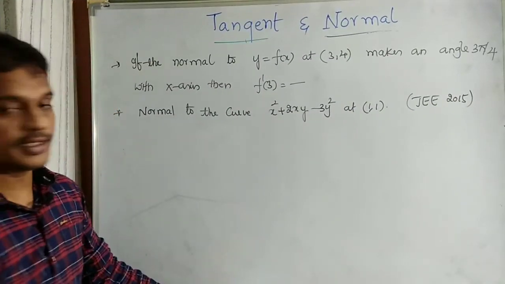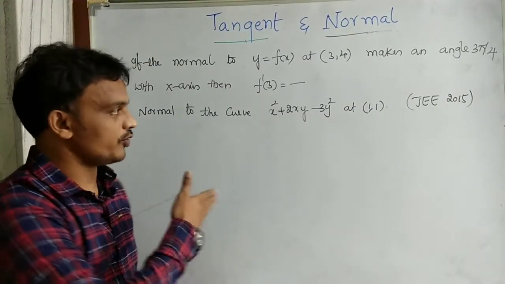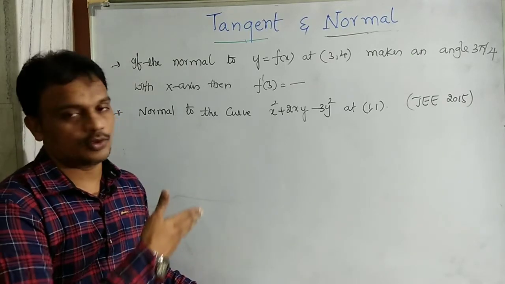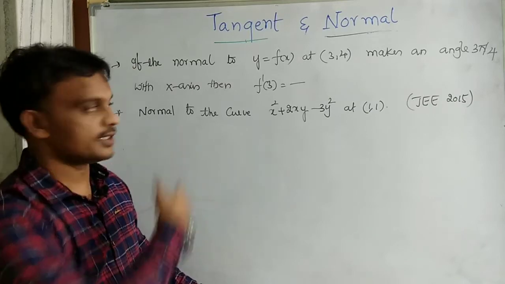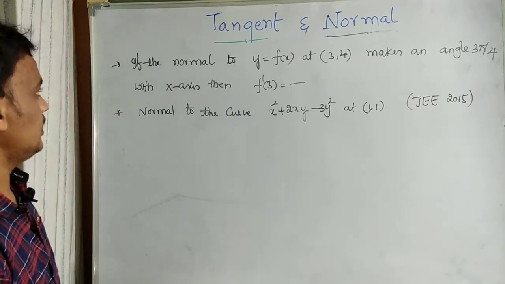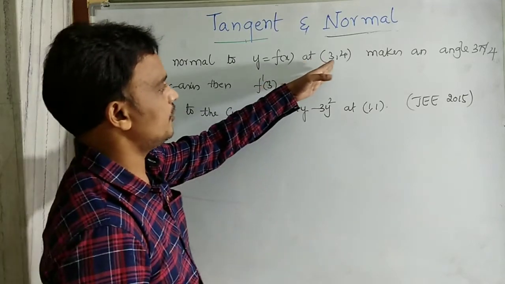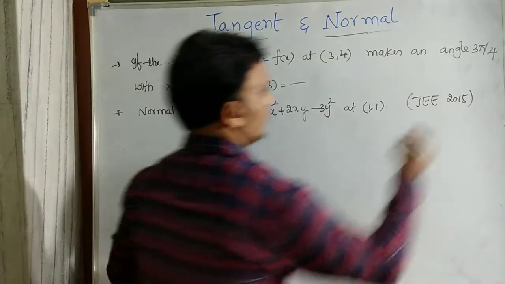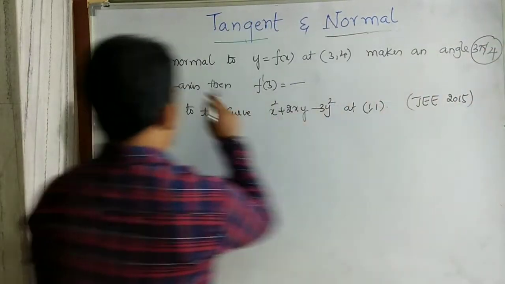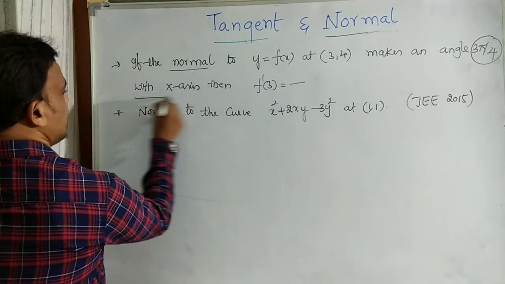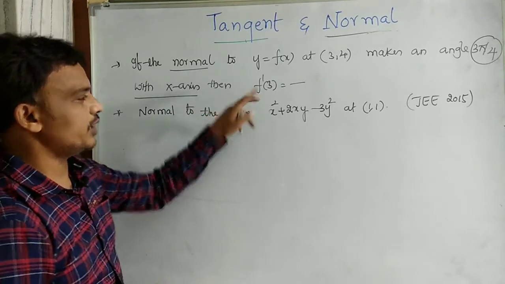So let us discuss some problems. Up to now we discussed tangents, normals, and the angle between two curves. So let us take some problems. If the normal to the curve y equals f of x at the point 3 comma 4 makes an angle 3 pi by 4 with the x-axis, then what is f dash of 3?